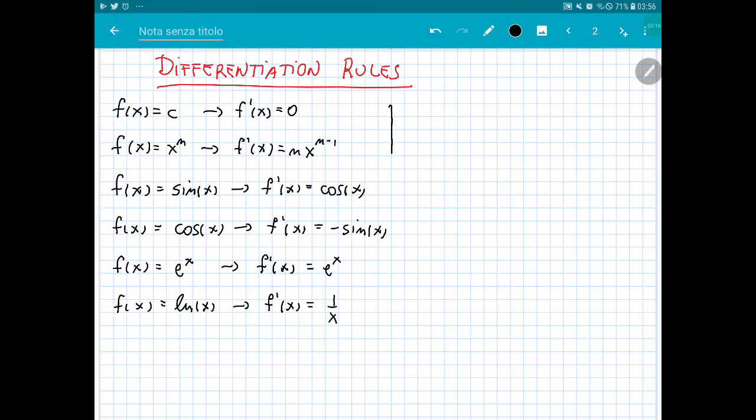And now, how does the derivative operation behave with respect to regular operations? For example, if I am taking the derivative of the sum of two functions, so f of x plus g of x prime, then this is equal to the sum of the derivatives. The same thing happens for the difference.